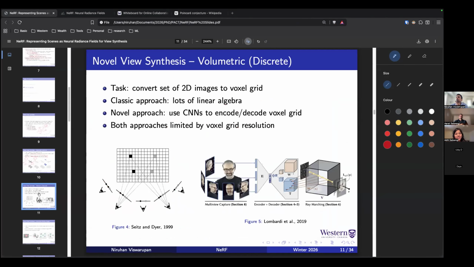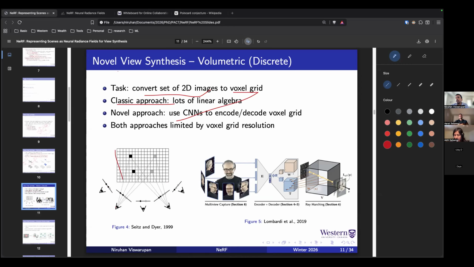All right, so the next idea is volumetric but discrete. You can take a set of 2D images and train a 3D voxel grid. Classically, people take a 3D grid and do a lot of linear algebra.